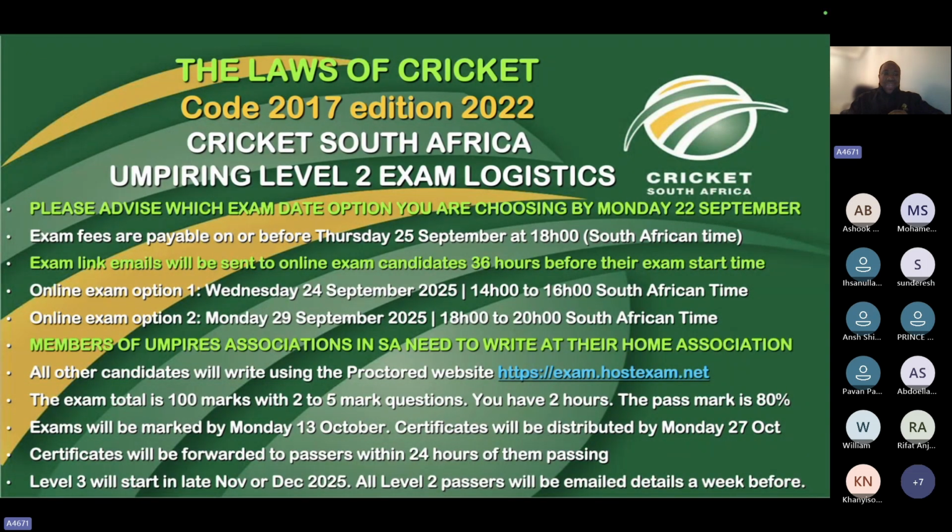Exam link emails will be sent to online exam candidates 36 hours before their exam time. So if you are writing at 2 p.m. South African time on Wednesday, the 24th of September, then you will receive the exam link email from Exam Online on Monday, I think 2 a.m. South African time.